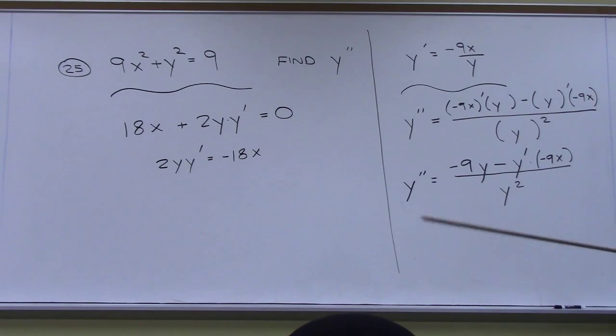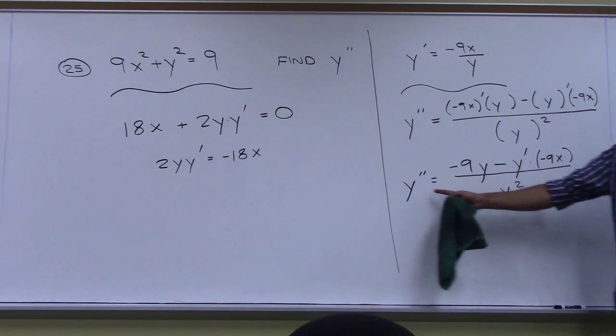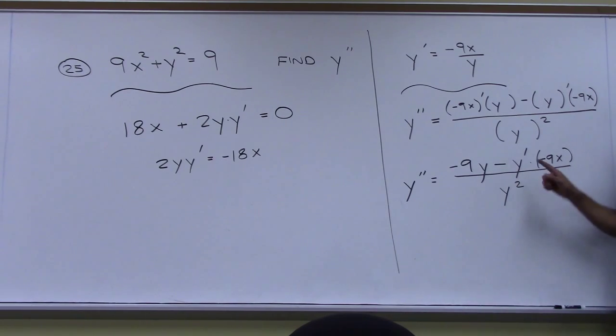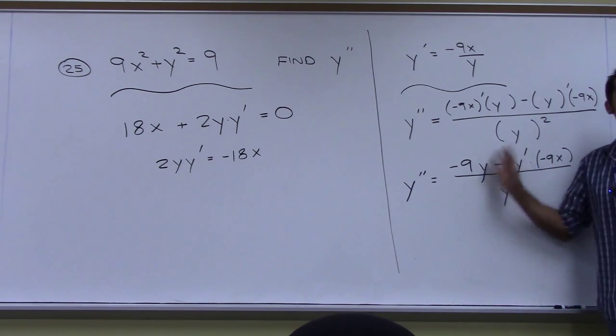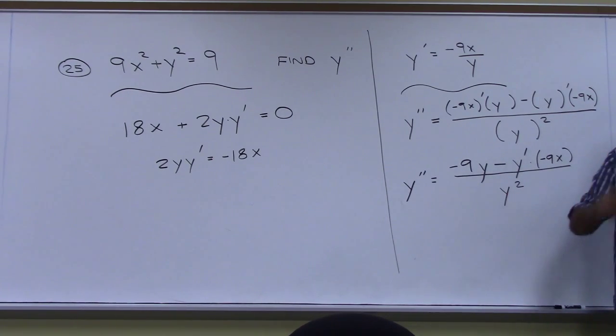Any questions on that? That is the second derivative. That is it. But you want your answer to have x's and y's in it, but you don't want it to have y prime in it, if possible. Whatever we said y prime was, let's just plug it in right there.